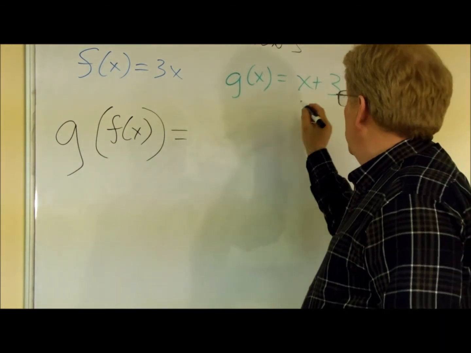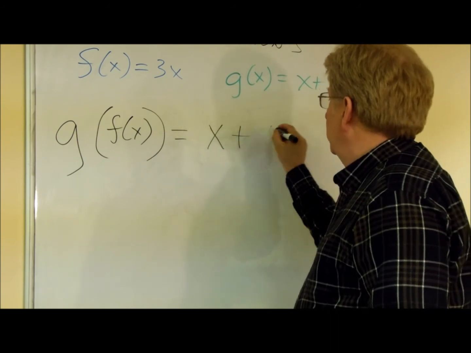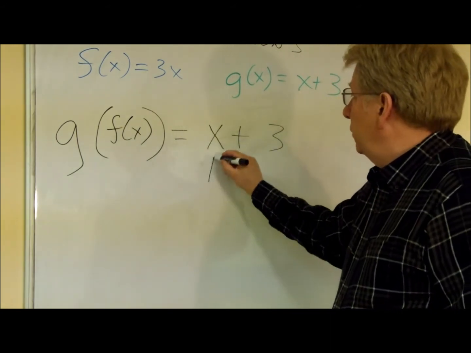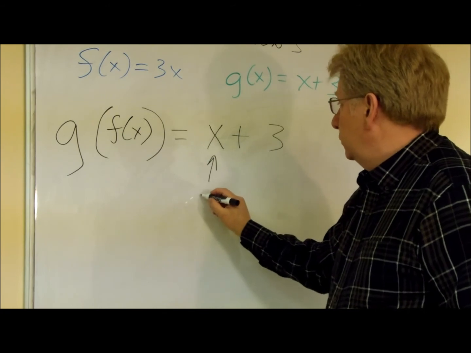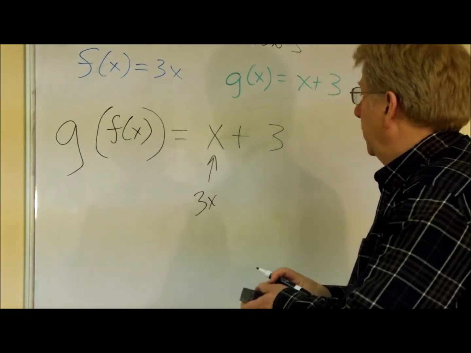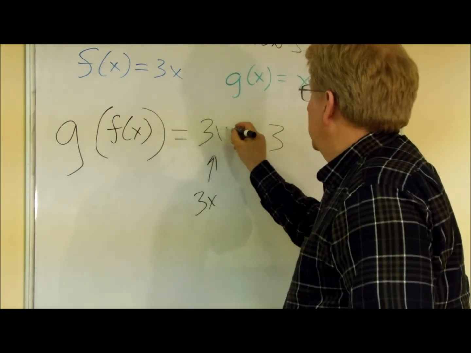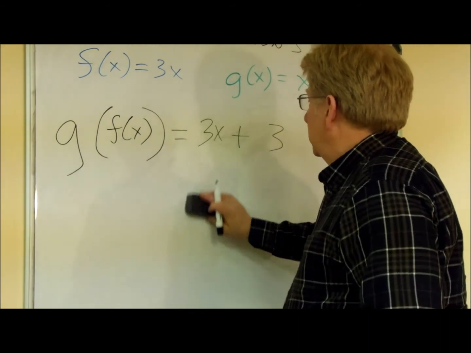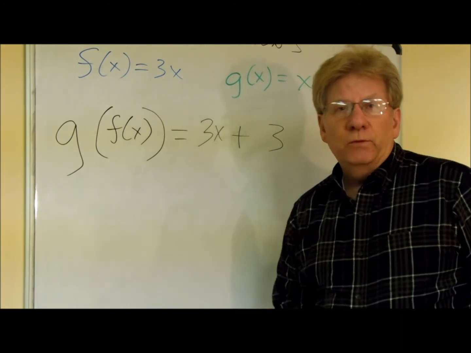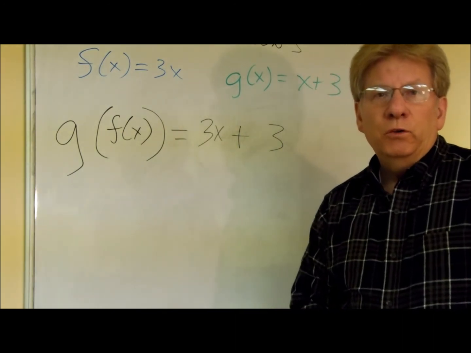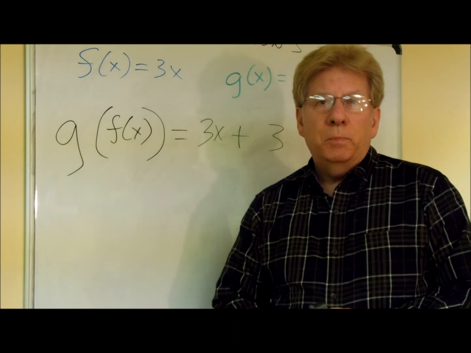So g of x normally would be x plus 3. But in place of the x, we're going to use f of x, which is 3x. So erase this, put a 3x in there. Well, and that's our composite function for g of f of x. So these are a few examples of what we do with a composite function.